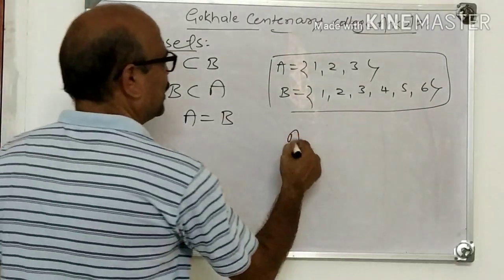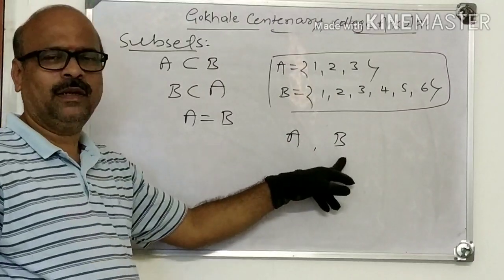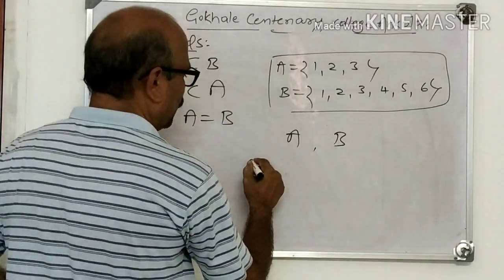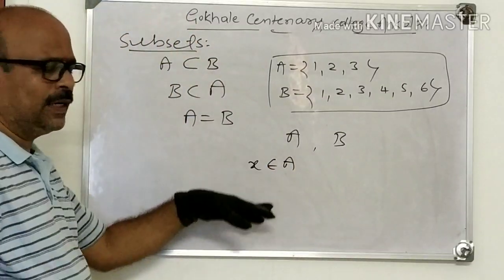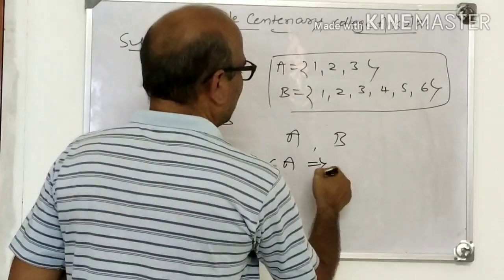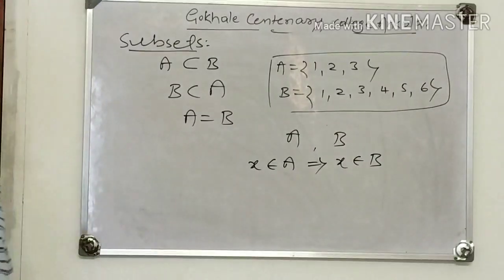But suppose two sets are given, A and B. How to prove that A is contained in B? We use this technique. We take any arbitrary element x belongs to A. Then we prove that this arbitrary element belongs to B also.